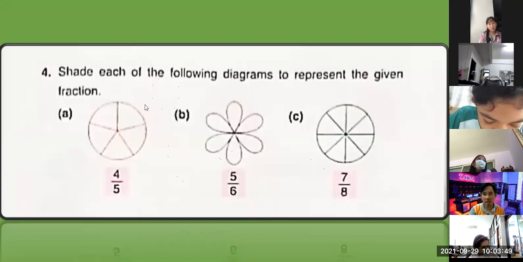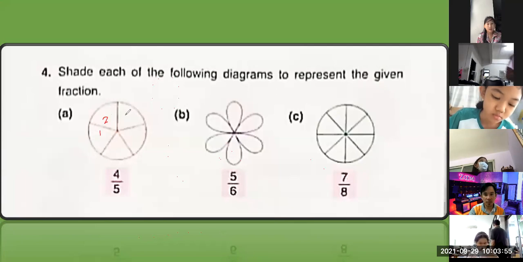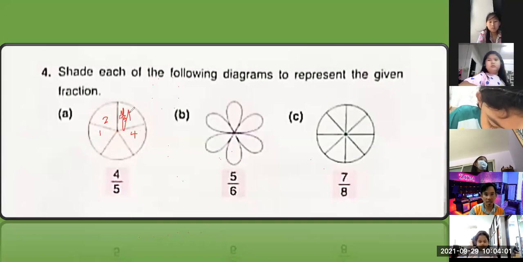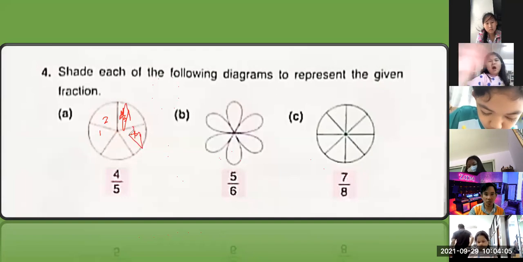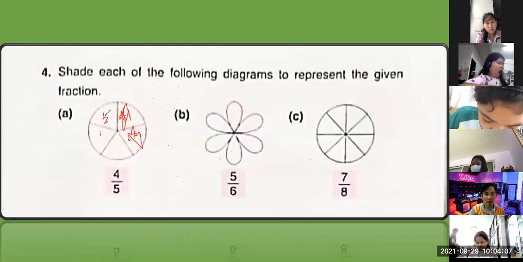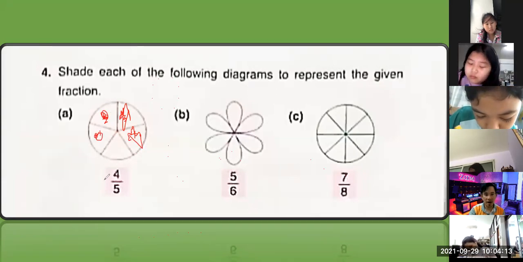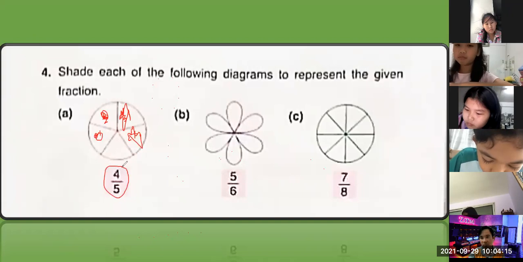So you have to shade 4 parts. Shade 1, 2, 3, 4. Shade 4 parts. So 4/5.